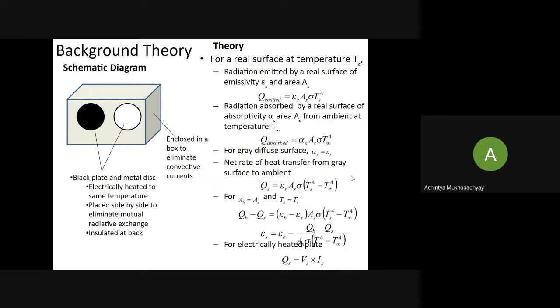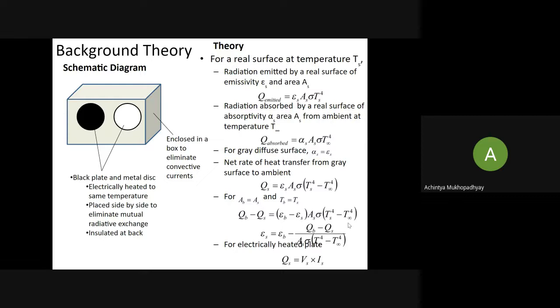So then QB becomes epsilon B times AS sigma TS to the power 4 minus T infinity to the power 4, and QS is epsilon S AS sigma TS to the power 4 minus T infinity to the power 4.